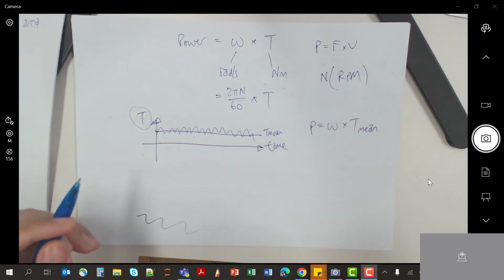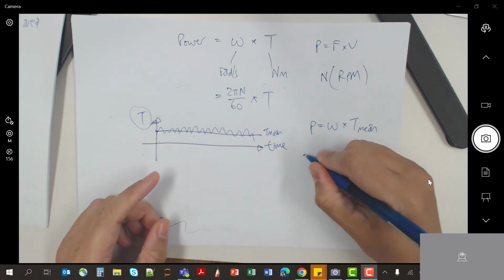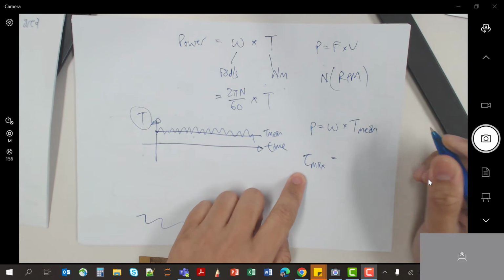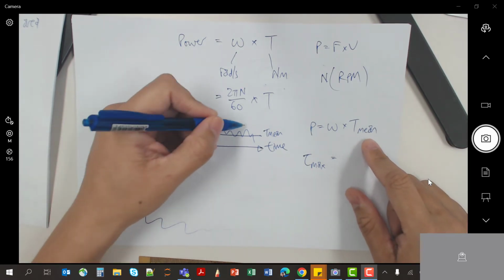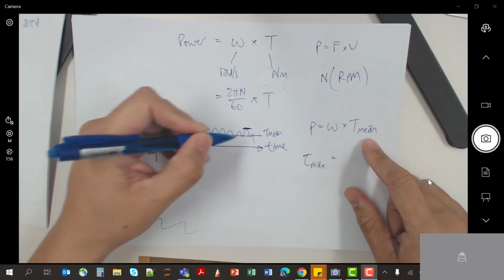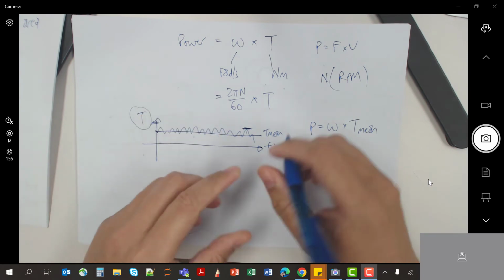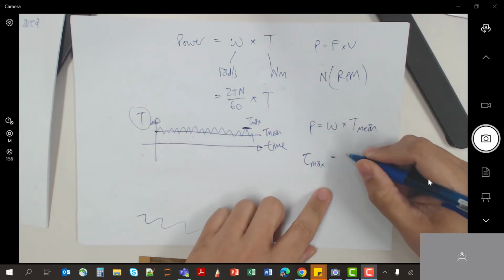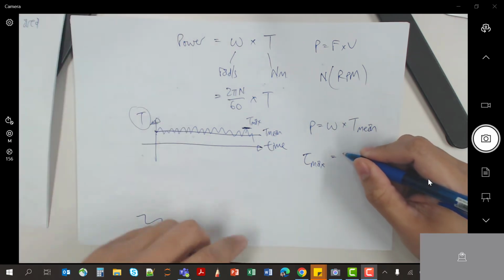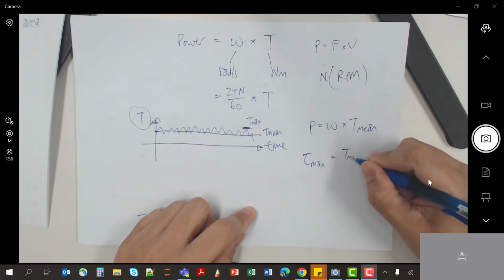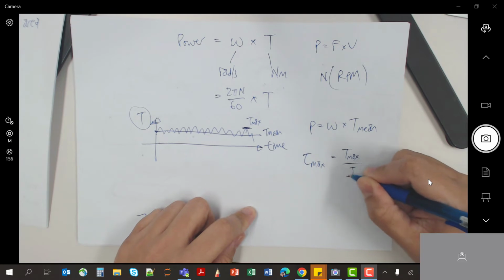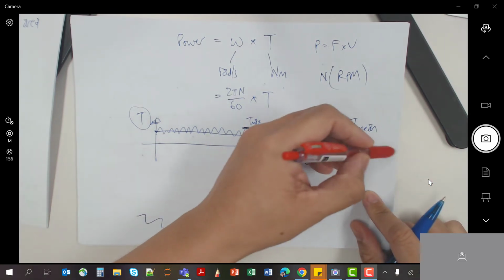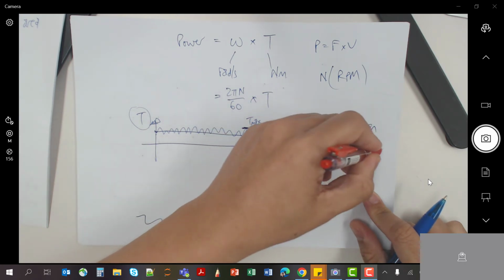But when you talk about the maximum shear stress, you cannot use your mean torque. You have to use the highest value, this highest value torque, T max. Then shear stress is T max over J times R. When you find shear stress, use maximum torque.